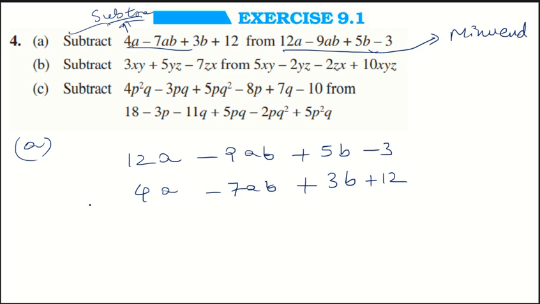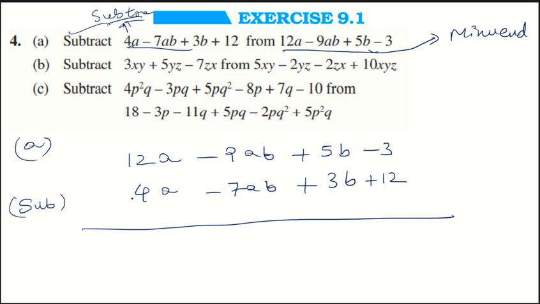So, I am writing it below, and now the symbols of the subtrahend will change in the subtraction operation. If it is plus it becomes minus, if it is minus it becomes plus. So, I have changed the symbols in the third row.